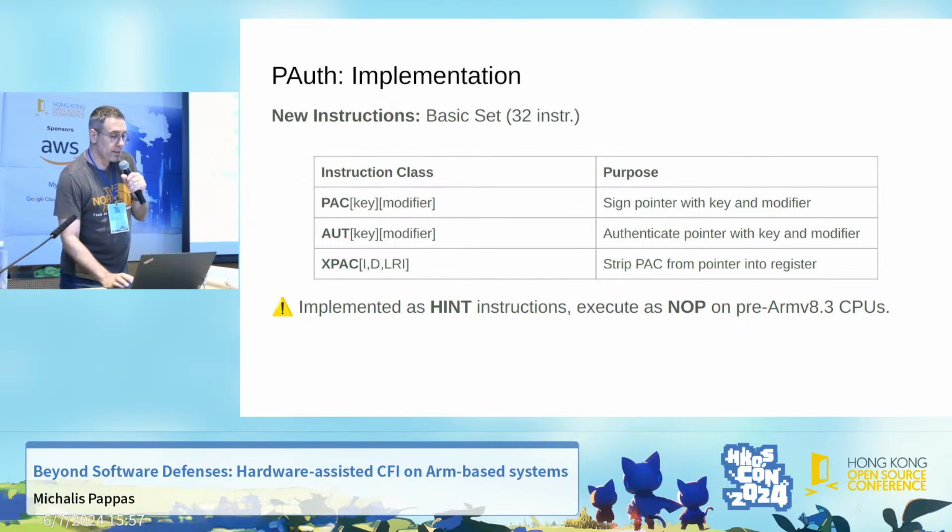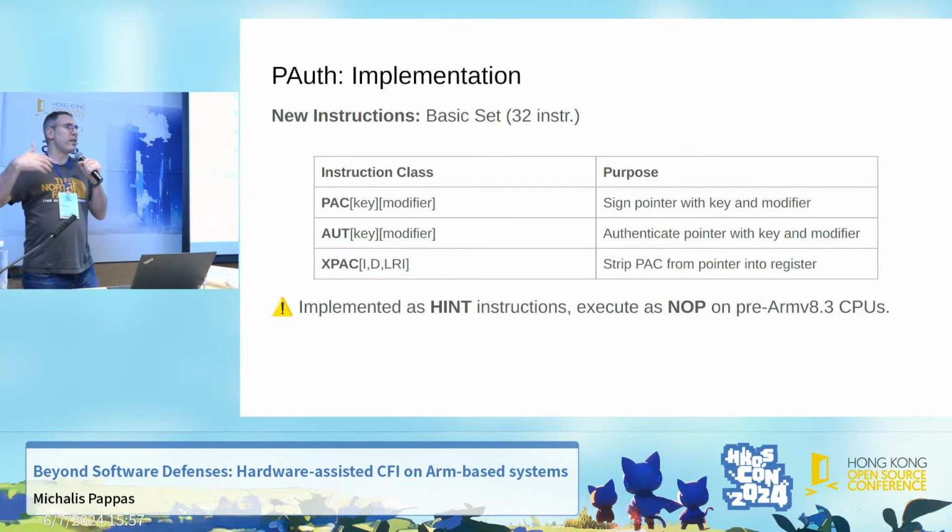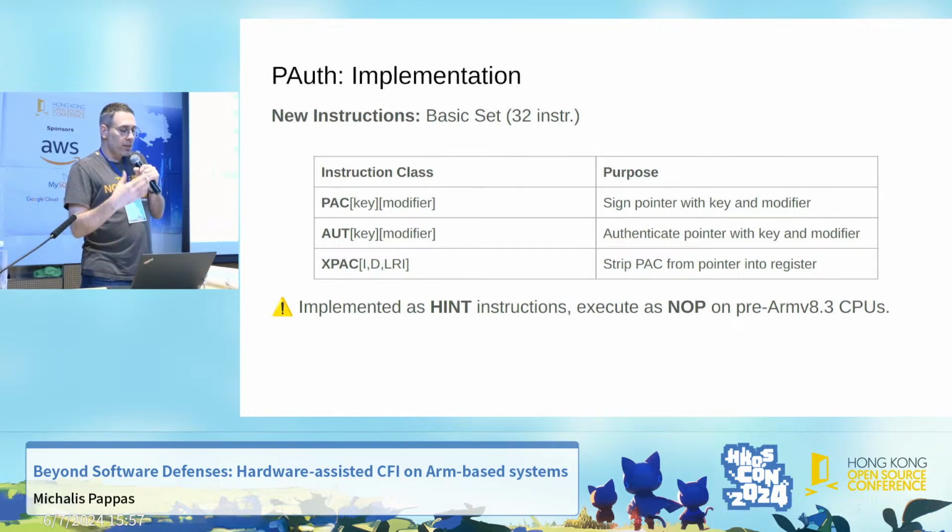And there are 32 of them because although there are essentially 3 operations, you have all the variants, right? So you say, I have one instruction to authenticate a pointer with instruction key A and modifier, I don't know, the stack pointer. You have another instruction to do the same thing but with instruction key B, right? And for other modifiers and so on and so forth. But in practice you have these 3 operations.